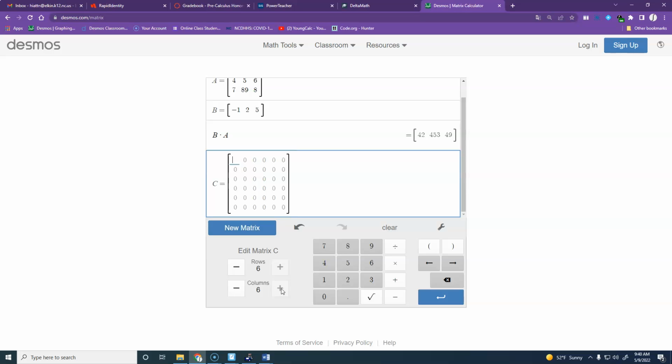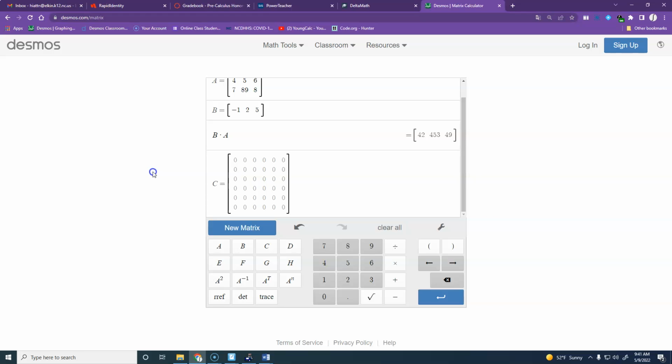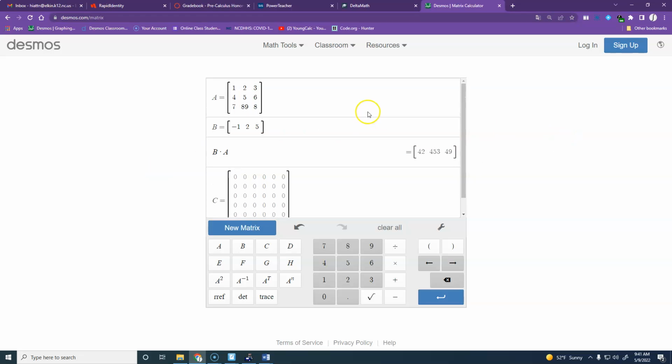Your calculator will let you go far past that. And for our project we're going to do this week, you're going to need to be able to do matrices that are a lot bigger than just having a dimension of 6. So this should, though, work for anything that Delta Math is going to give you. I don't think you'll get one larger than that here. So that's available to you if you don't have a graphing calculator there.